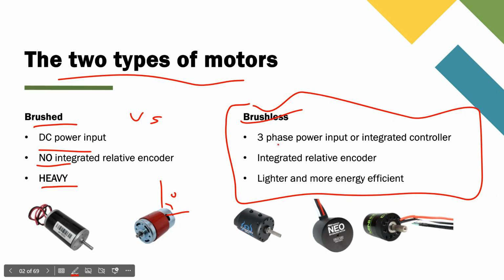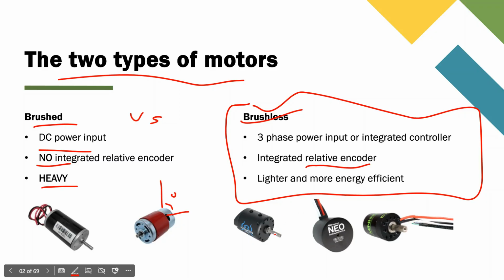Brushless motors have a three-phase power input or integrated controller, so that means they have a motor controller as well as power that will supply into it to allow these motors to run. They also have an integrated relative encoder.